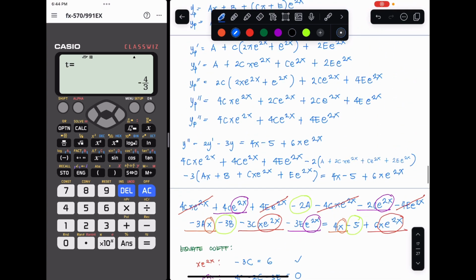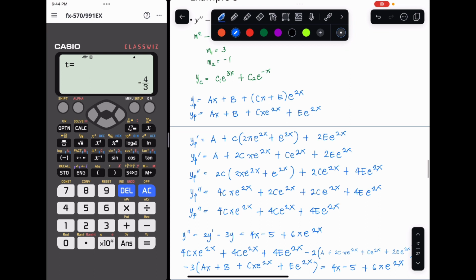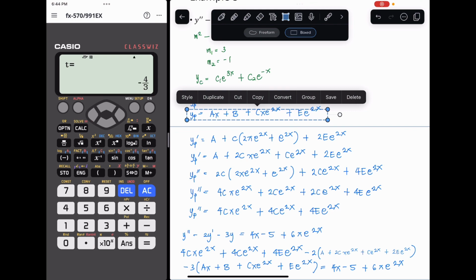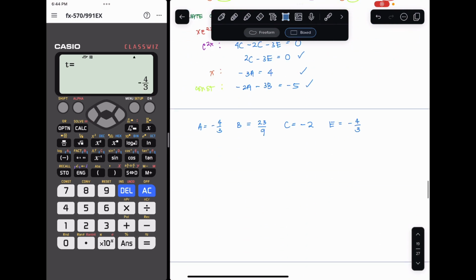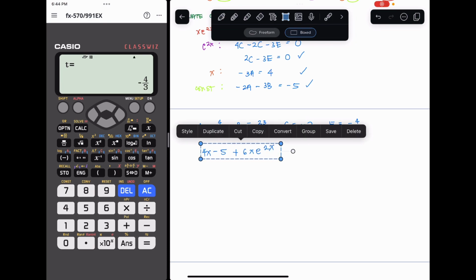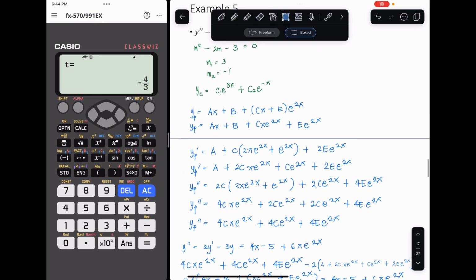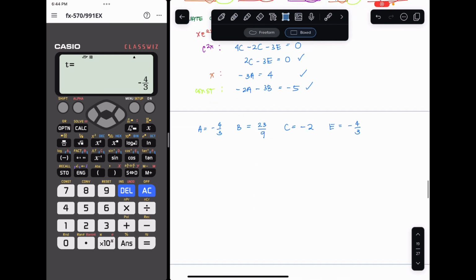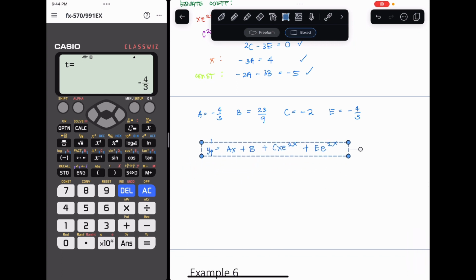And now our particular solution, we copy and paste it.